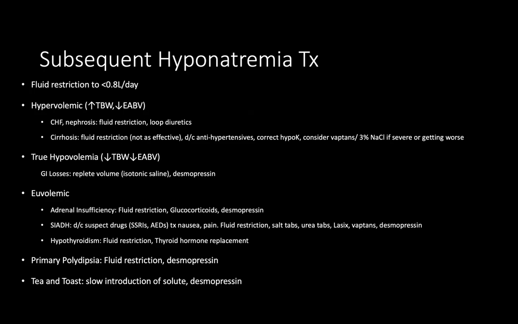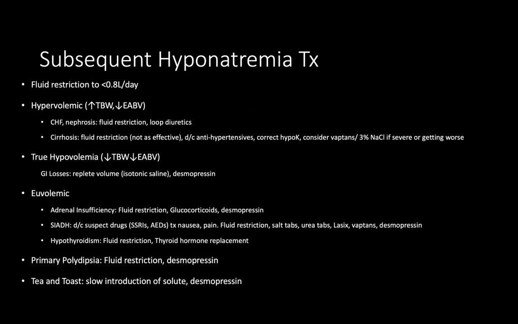And so giving them some desmopressin just so that they don't correct too quickly may be important here. Remember, desmopressin is an ADH analog, it's going to help you to essentially retain water. So that's a consideration in this group of patients.